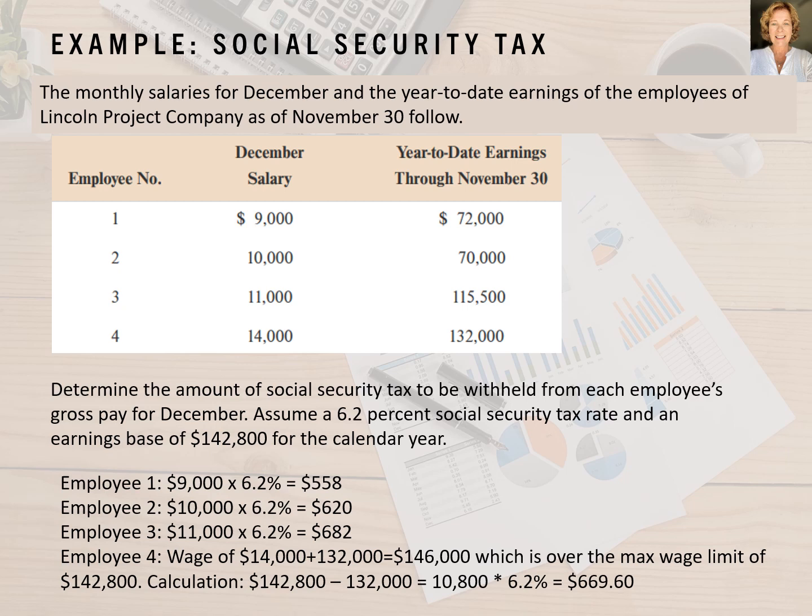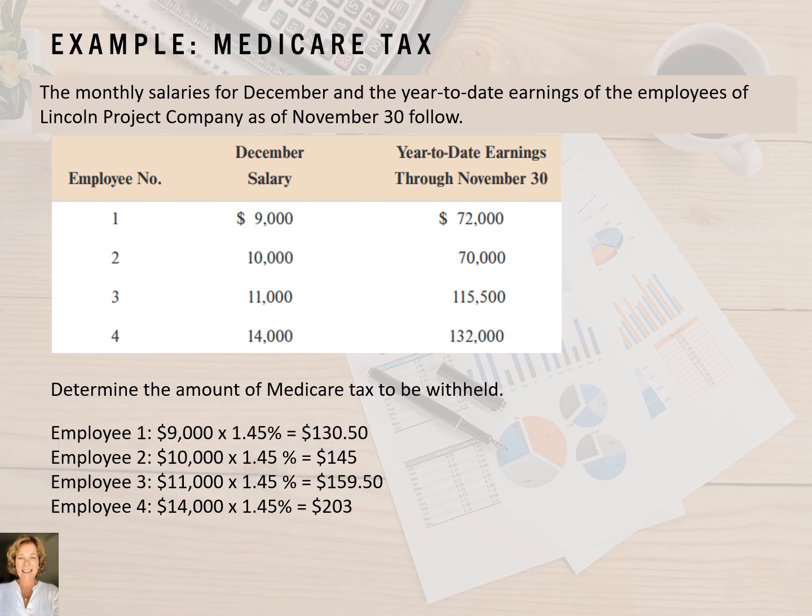We calculate the difference between 142,800, the maximum, and the November year-to-date wages of 132,000, which is 10,800, which we then multiply by 6.2% to get $669.60.